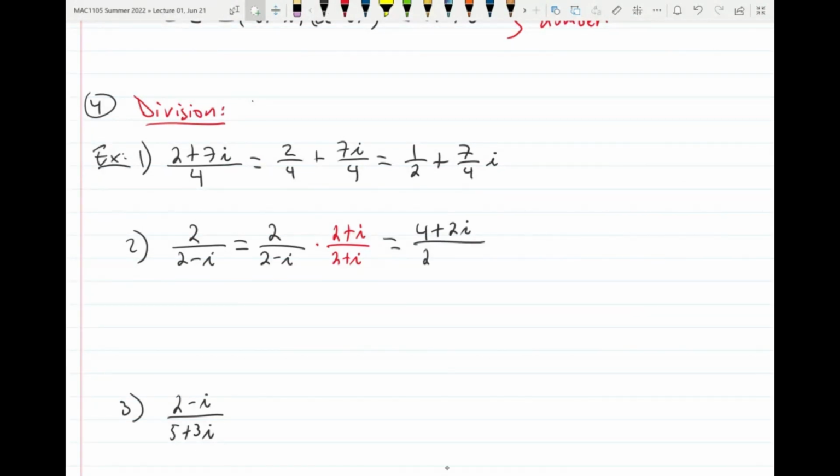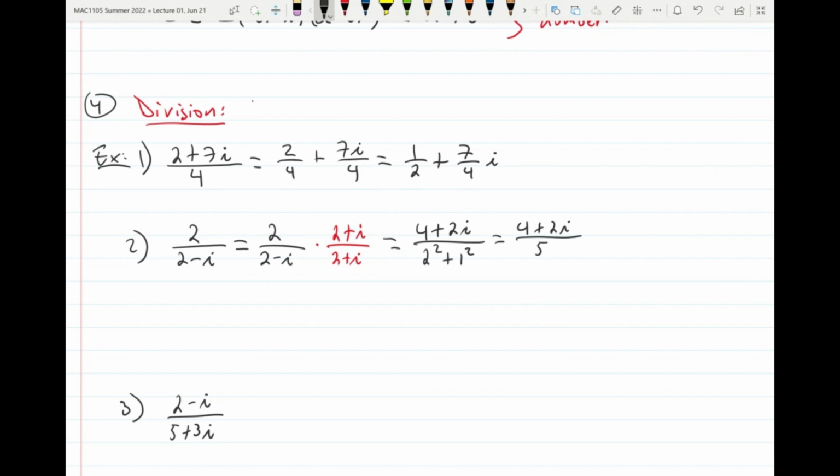So what is this? That's 2 squared plus 1 squared: real part squared plus imaginary part squared. The real part here is 2, the imaginary part here is 1. Do you understand this? Okay, so this is actually 4 plus 2i over 5.